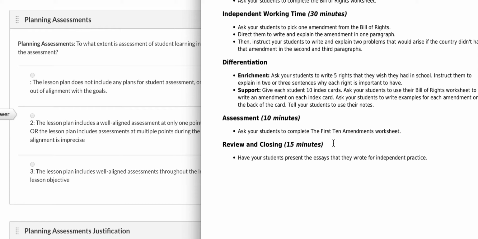Well, in that case the assessment is in alignment, but it's only at 1 point, so it would be a 2. I would totally go with the 1 here, saying that the assessment is out of alignment with the goal, because the goal, based on the instruction, is way higher than just recall, and the assessment itself is just recall. So that's it. If you have any questions, go ahead and ask.